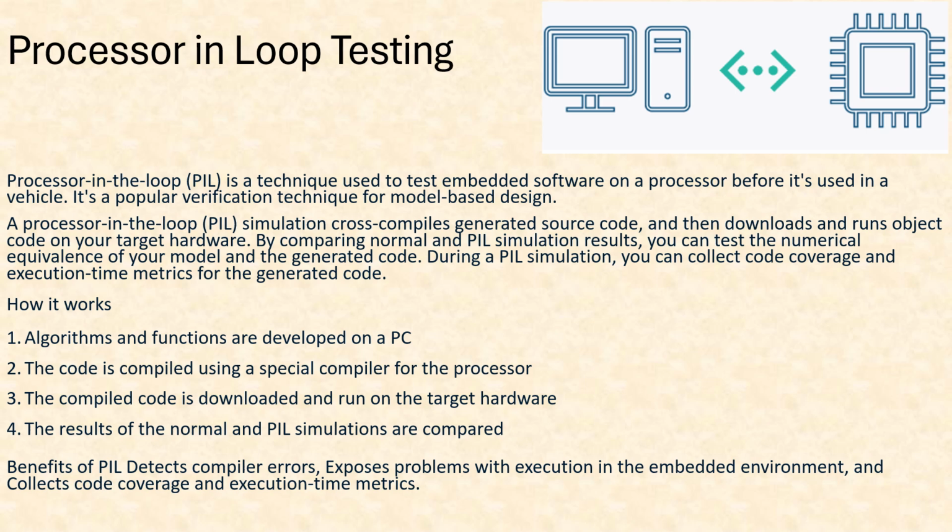The algorithms and functions are usually developed on a PC within a development environment, either directly in C++ or model-based. The code is developed and then embedded onto the processor.